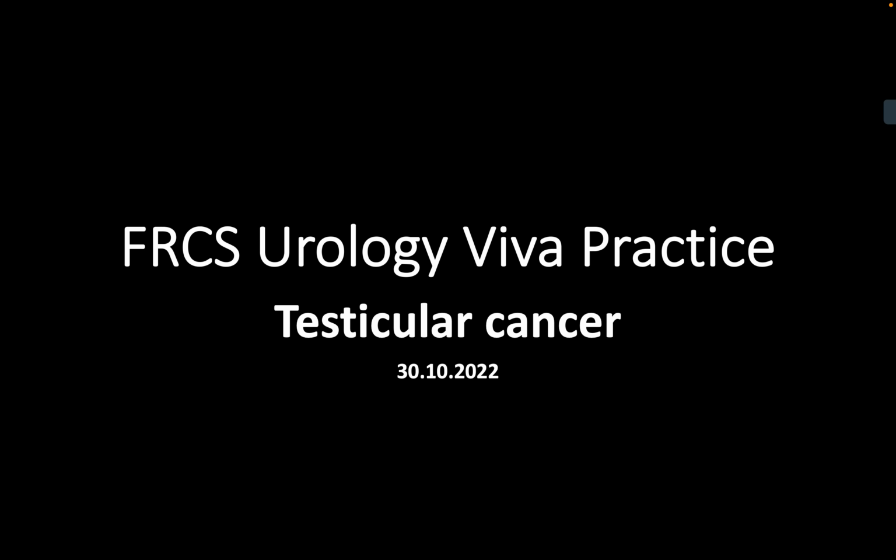If there's a brother that's had testicular cancer, there's an 8 times increased risk. And undescended testes, 10% of patients, have a 4 to 6 times increased risk of testicular cancer. If they previously had contralateral testicular cancer, there's a 10% increased risk.